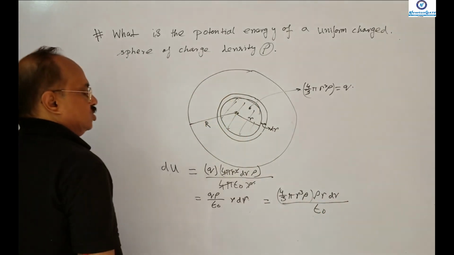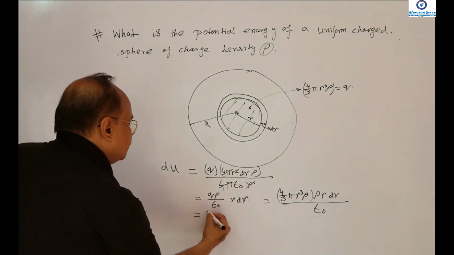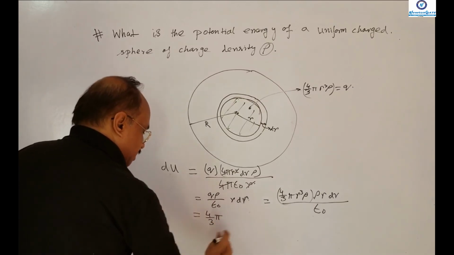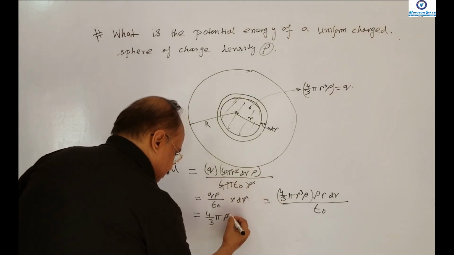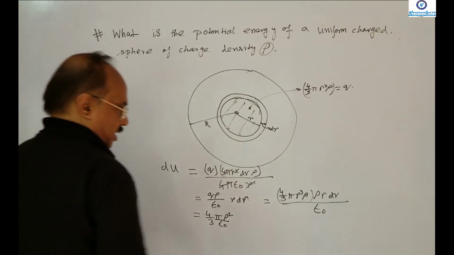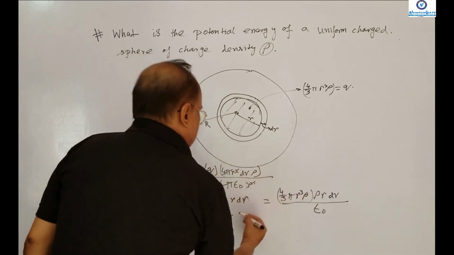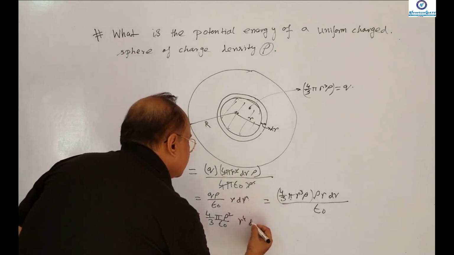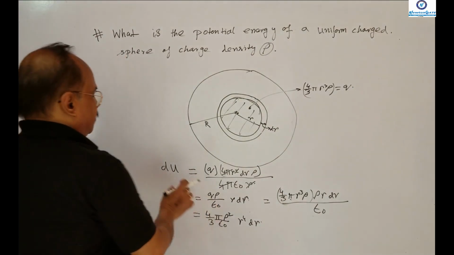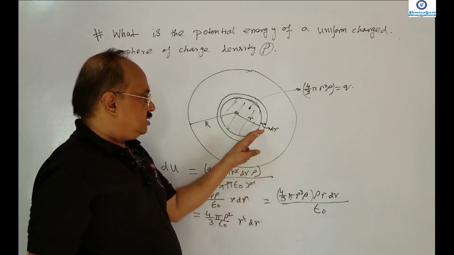So we get 4/3 pi rho square divided by epsilon naught, times r to the power 4 dr. Now there is nothing more to do. This is the potential energy due to adding this thin charge shell.